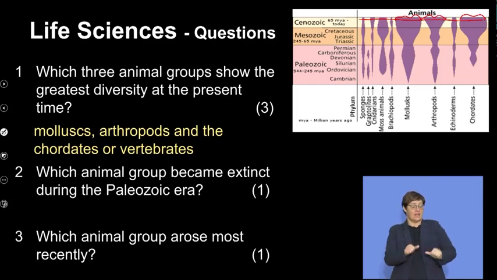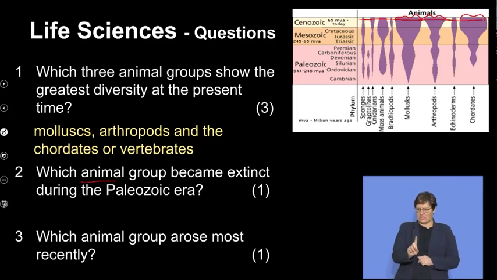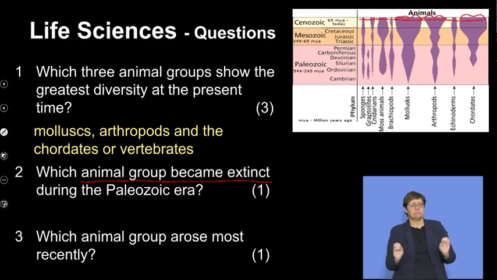The next question asks, which animal group became extinct during the Paleozoic era? So we go to the graph, and then we have a look. Here is the Paleozoic era.